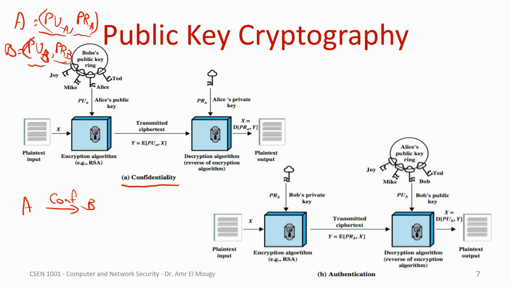If only Bob would be able to decrypt it, then Bob would have to decrypt with the key that only he owns. And this key is actually the private key. There is no other key that is owned only by Bob. And so for this case, Bob has to decrypt using his private key.